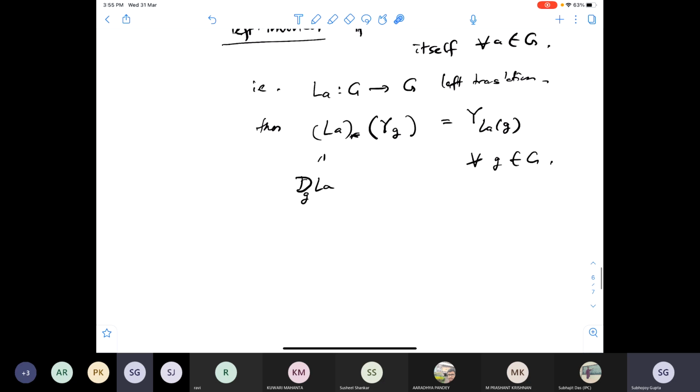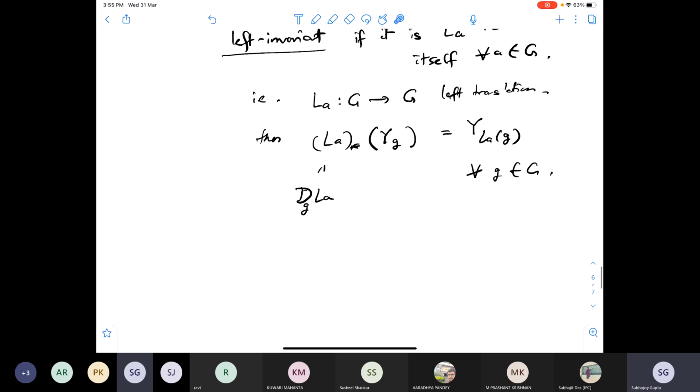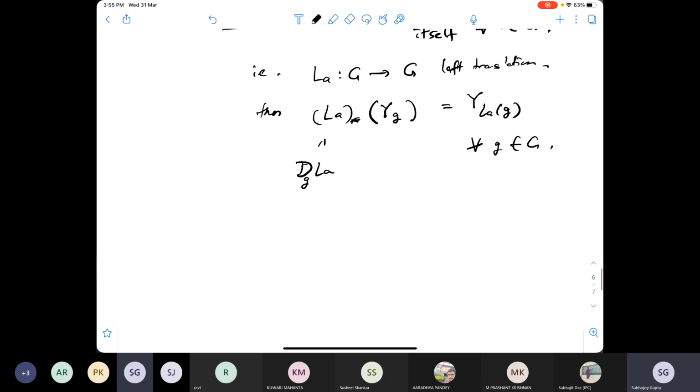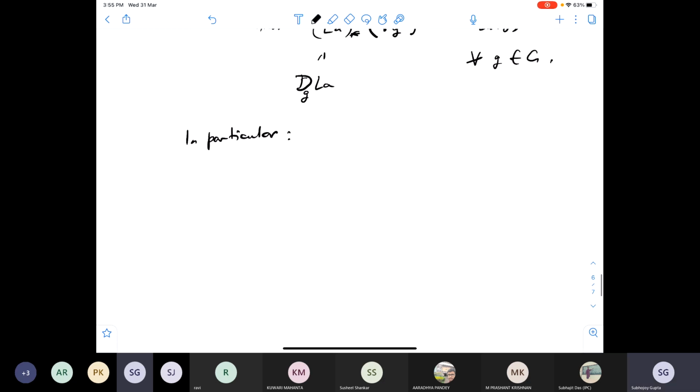So the point is, first of all, what does the left invariant vector field mean? Let me draw a picture first.